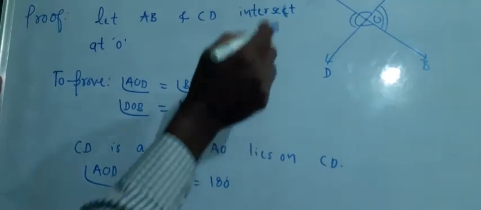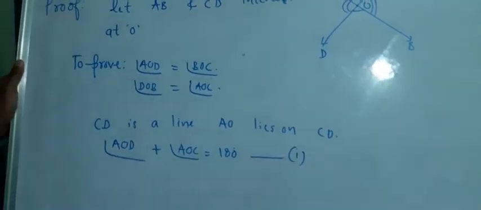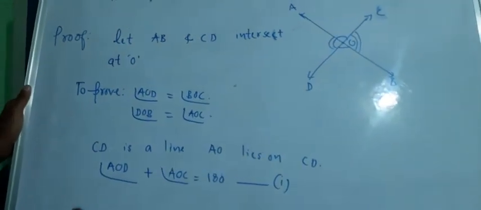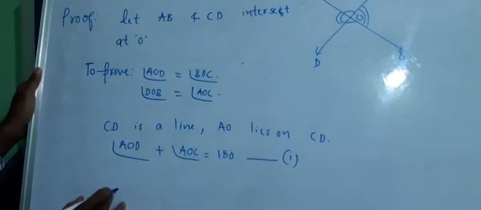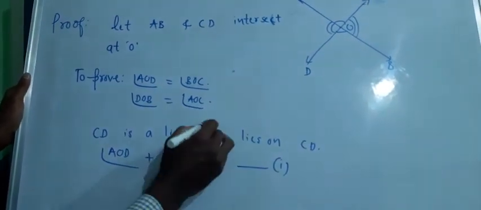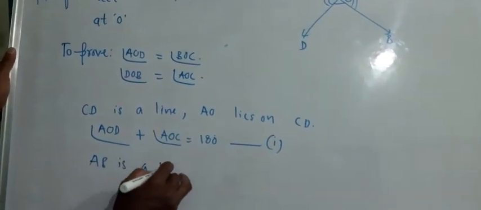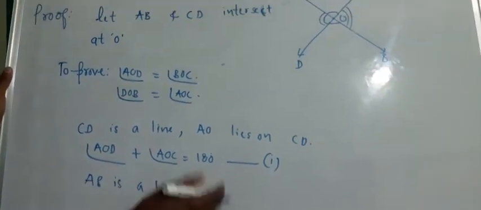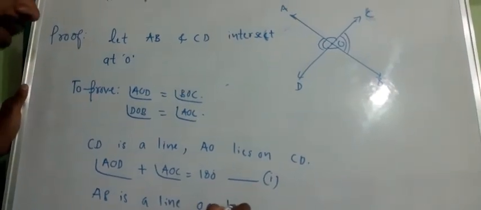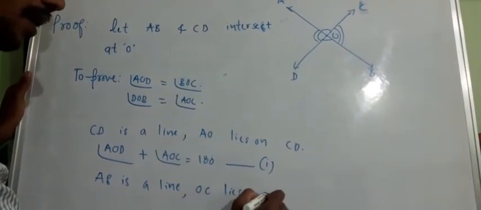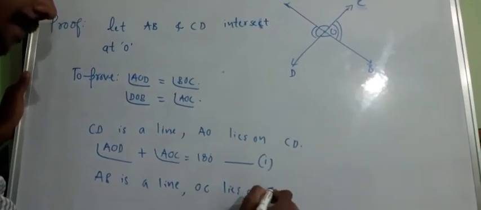I'll call it equation 1. Next, AB is a line, and OC lies on AB.